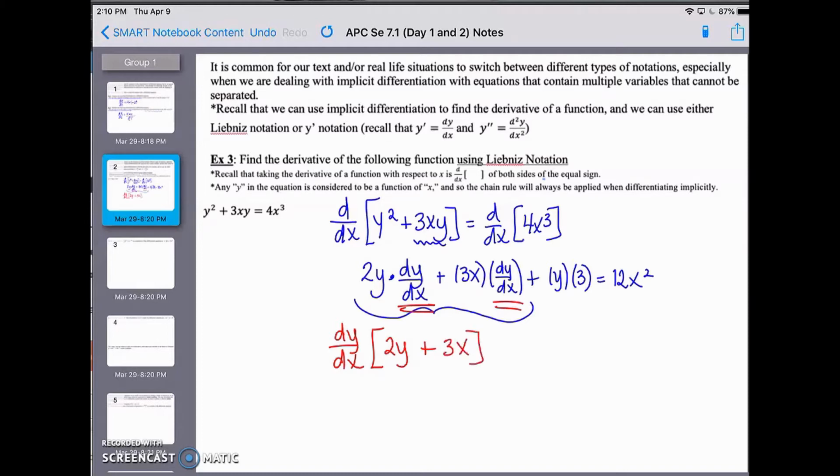And then this 3y, I'm going to scooch over on the other side of the equal sign because that doesn't have a dy/dx in that term. So on the other side of the equal sign, I'm still going to have my 12x squared and then minus 3y. And then, of course, the last step to isolating dy/dx would be to divide both sides by 2y plus 3x.